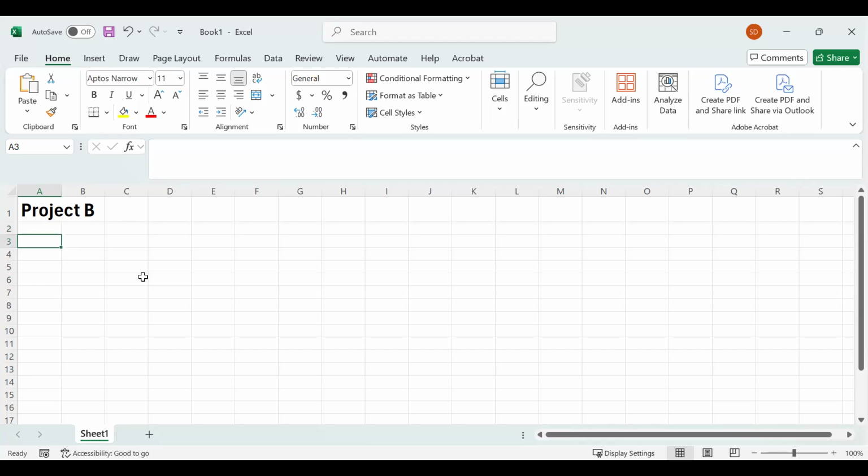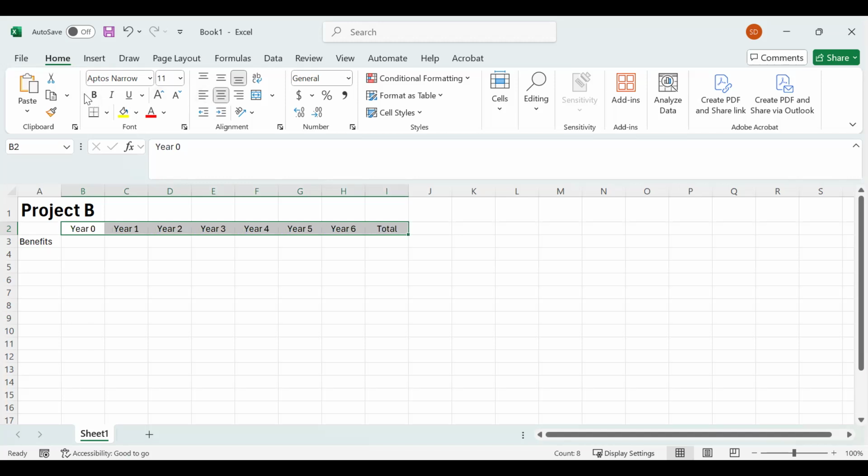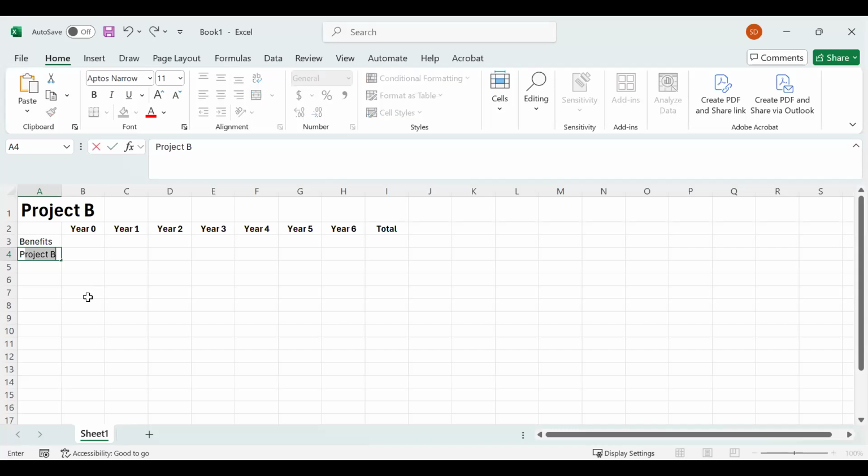We can have benefits, and we can have the number of years: year 0, year 1, year 2, year 3, year 4, year 5, year 6. Then we have the total. Present value factor, we said 12%.